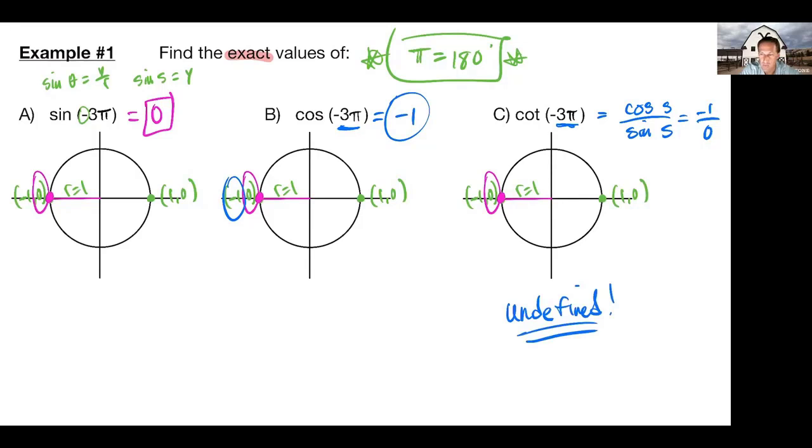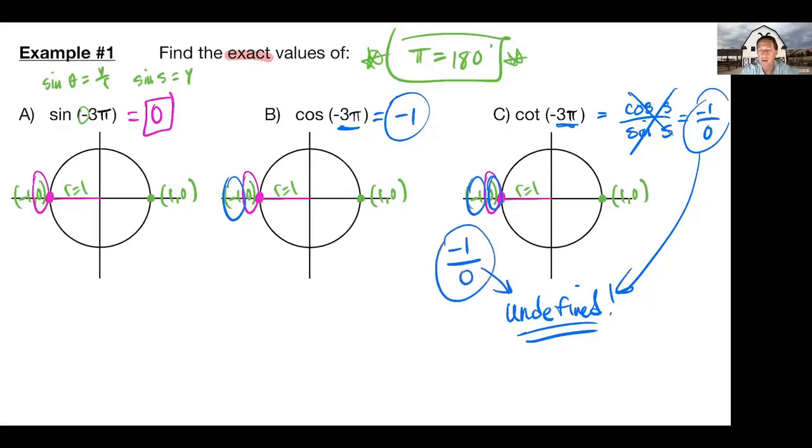Again, if you just did it from scratch and you didn't see that you had this yet, that's okay. You should have known that cotangent is x over y. And since we have the x value and we have the y value, then you could have gotten that undefined either way. All right? Pretty simple.